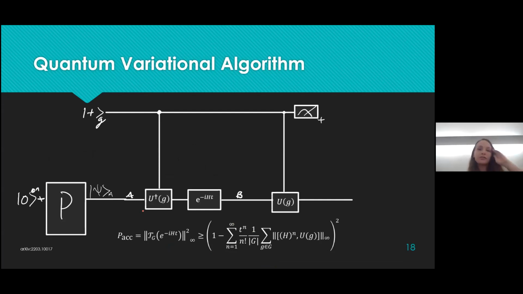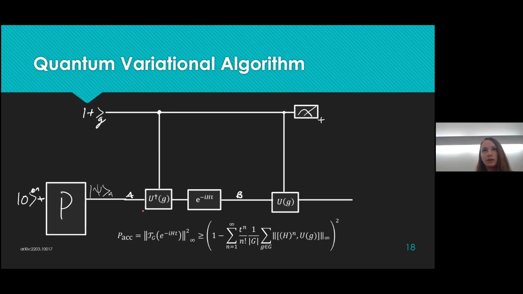So what you can do instead is you can say, well, I can optimize over every input state. I'm not going to put in the maximally mixed state because that gives me the dimension of 1 over d. I'm going to instead put in a pure state, and specifically the best pure state that I possibly can. So I'm going to maximize over all of the pure states that I can put in. And when you do something like that, that is essentially a quantum variational algorithm.